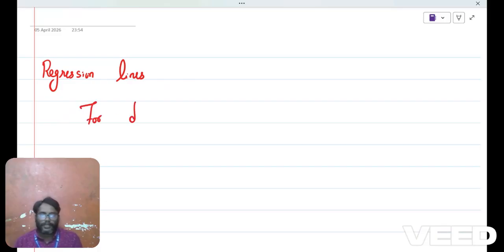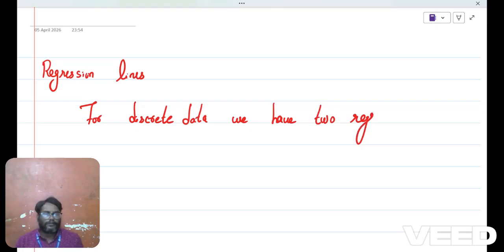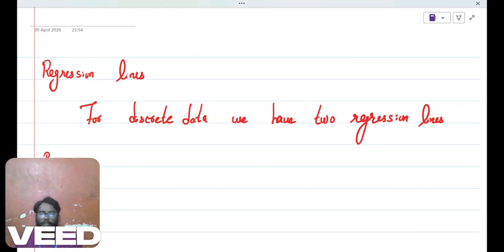For discrete data we have two regression lines. The first one is the regression line y on x.